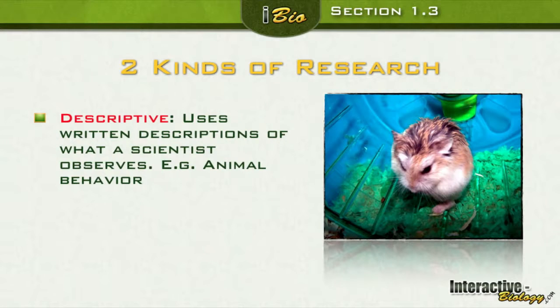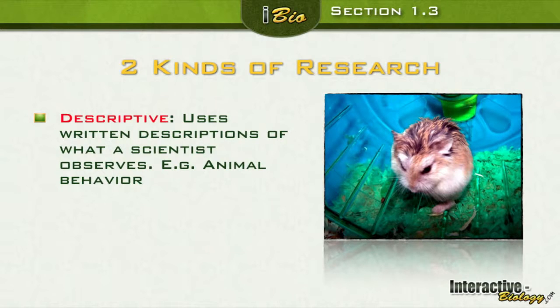For example, if you're talking about animal behavior, when I was in grad school, I took a class in animal behavior. And one of the labs for that class, what we had to do is we had a hamster in a cage with one of the spinning wheels, and for 15 hours, we had to sit down and write everything that the hamster did.